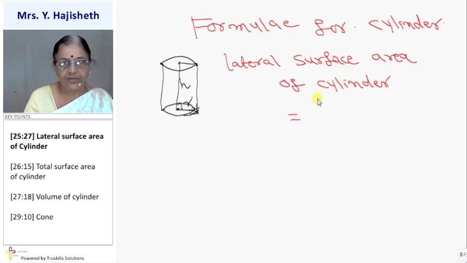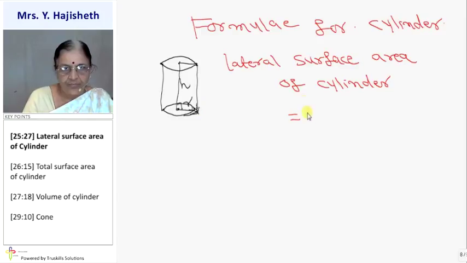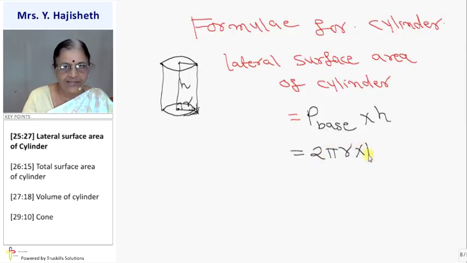Look, what will come? Lateral surface area is what? Perimeter of base into height. Perimeter of the cylinder base is circular, so it is 2 pi r into h square units. Okay.